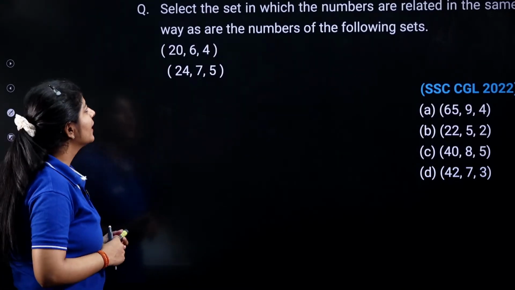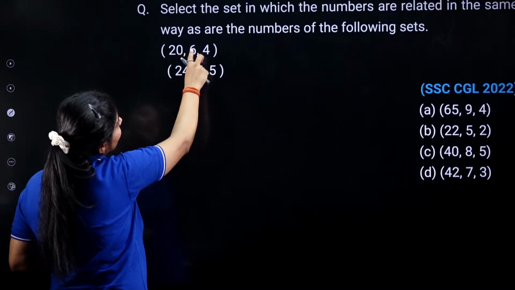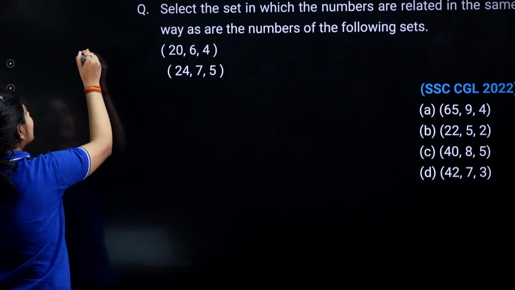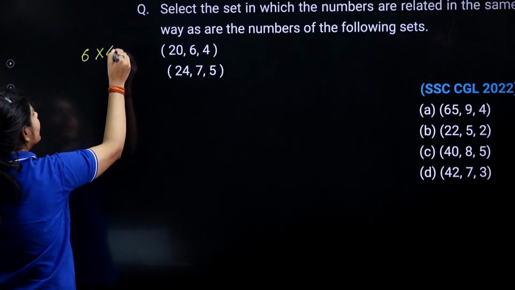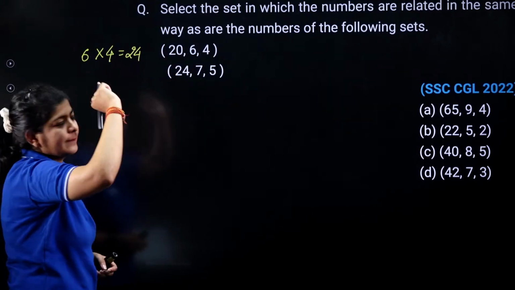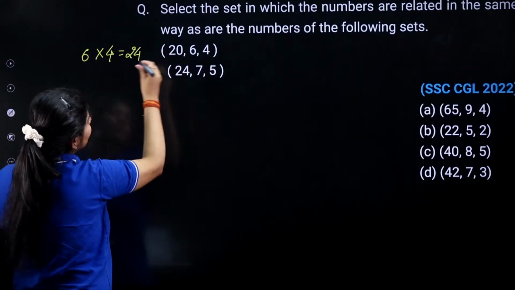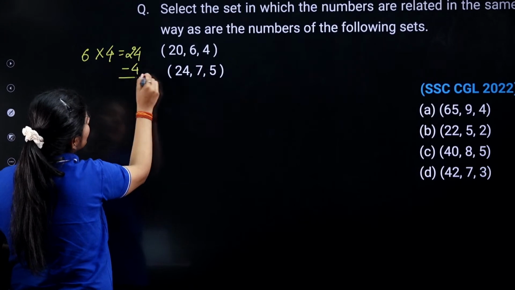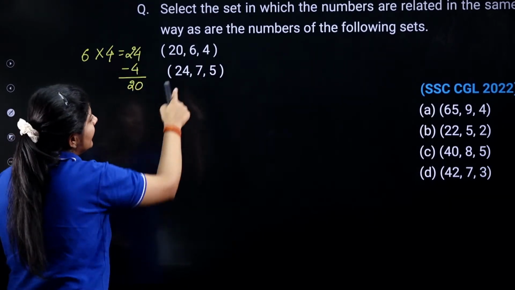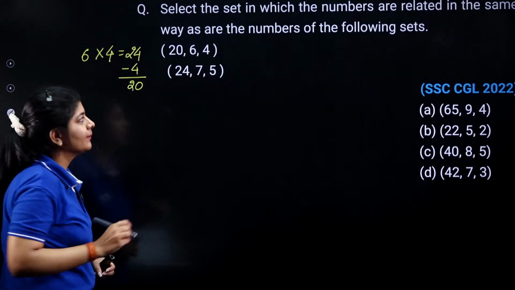Okay, let's see. Here I am having 26, 4. I know that if I multiply my second number by my third number, I am getting 24, which is nearby to this number. If I subtract my third number from this one, I am getting my first number. Now, let's talk about the second one.